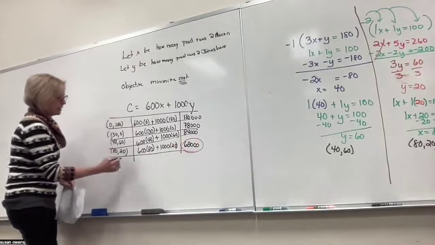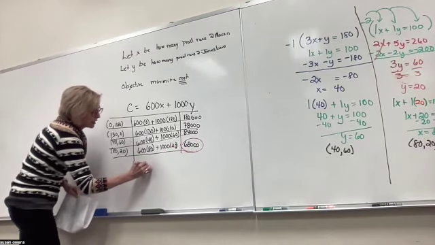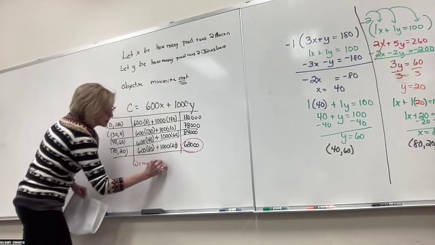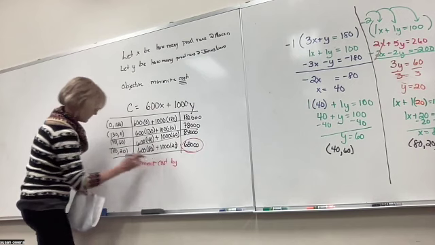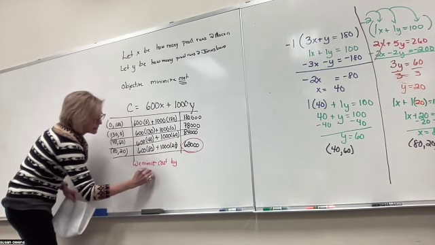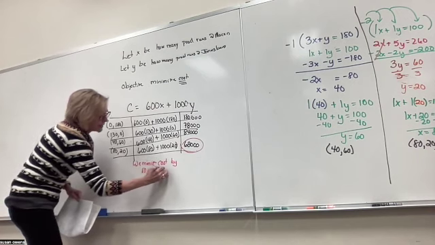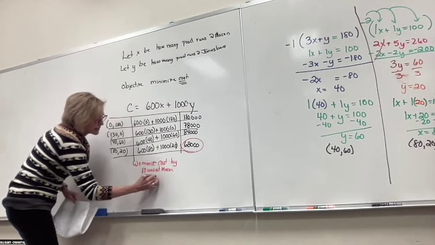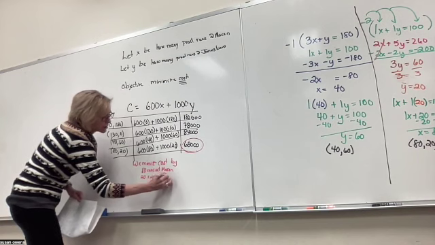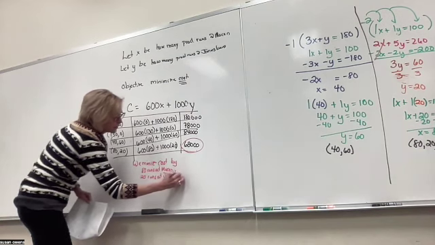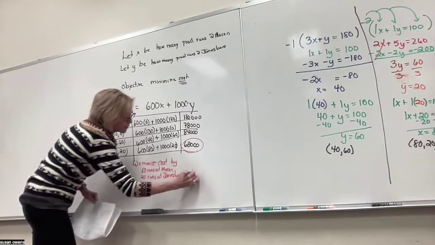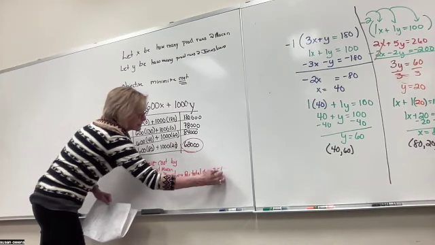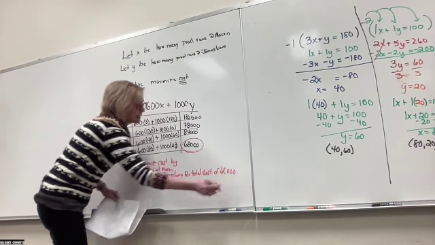Okay, and we minimize. It was to minimize the cost by 80 runs at Macon, 20 runs at Jonesboro, for a total cost of $68,000.